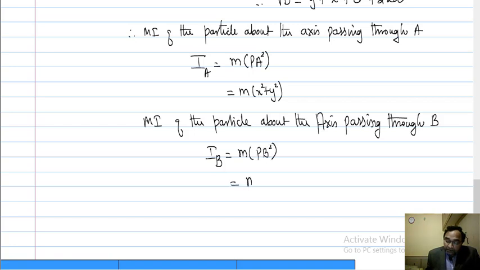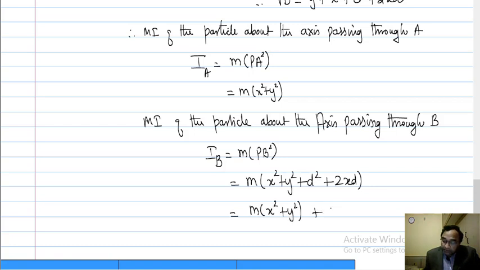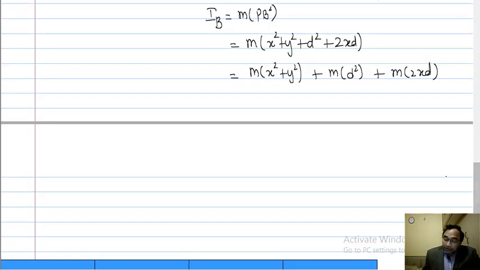So, this is nothing but mass times x square plus y square plus d square plus 2xd. This can be written as m times x square plus y square plus m times d square plus m times 2xd. We can write it this way. Now, this is IB for the particle.